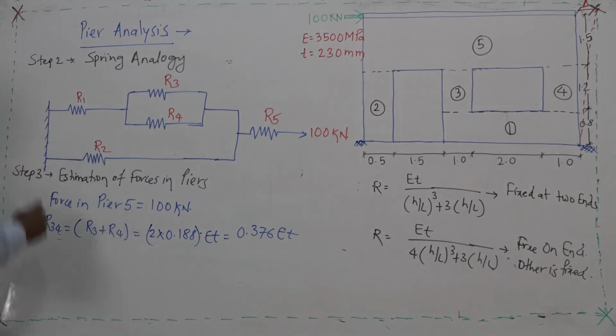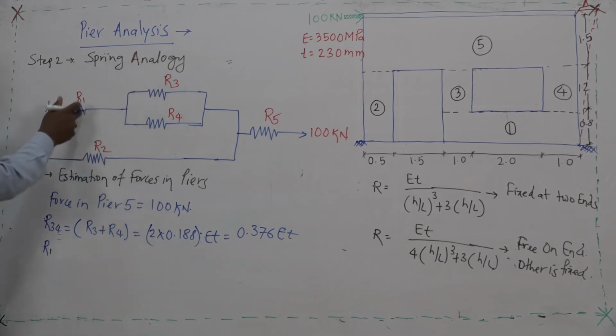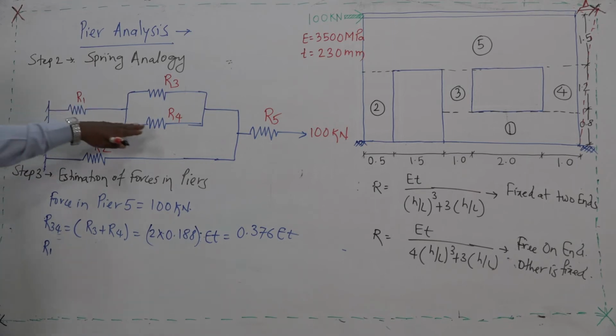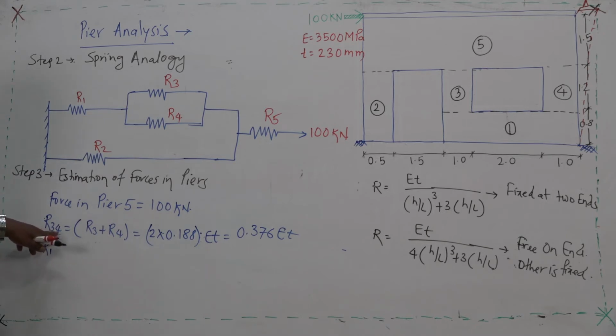Now, we will try to find out the stiffness of these two springs along with one. So, we will arrange the combined effect of these 3 and 4, which will be represented as stiffness 34, which is in series with R1 as R134.